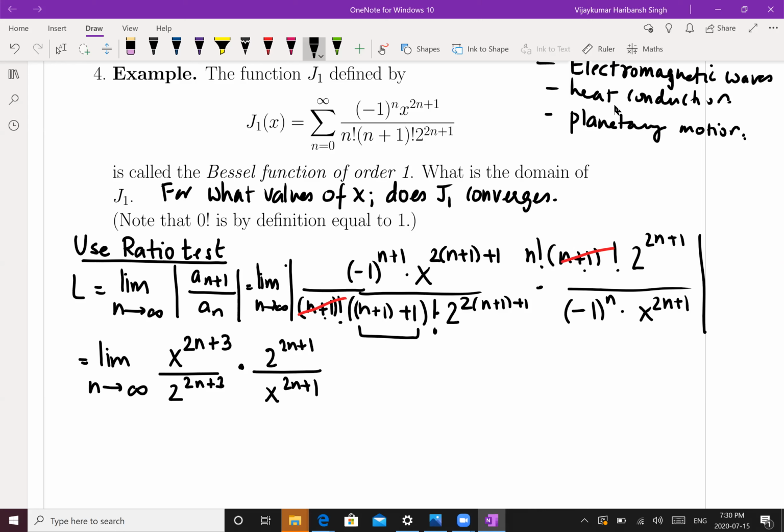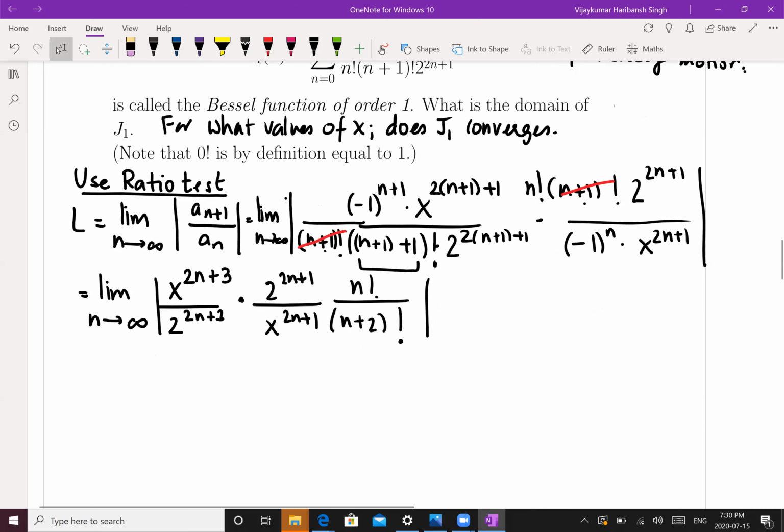So that is n plus 1 plus 1 factorial. That's going to be n plus 2 factorial. And on top, we have n factorial. Okay, so this is what the limit is, and you have absolute value of this guy. So let's cancel these terms now. So we'll cancel this term with this term.